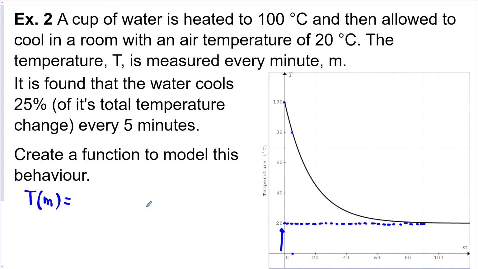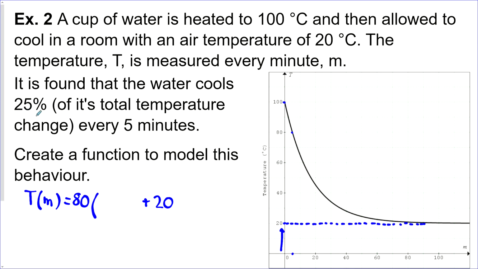So at the end of this equation is going to be a plus 20. That means that this right here would be the total temperature change, or it would be 80. Because when the rest of this part is 1, then we get 20 plus 80, that gives us our 100 degree y-intercept.